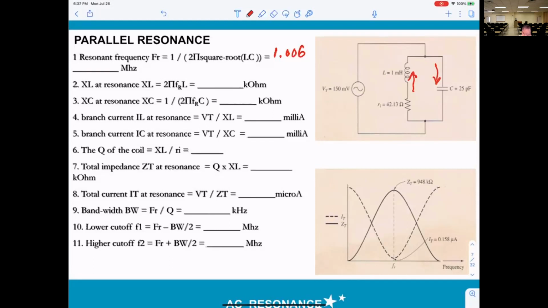So now we're going to calculate the ZL at the resonance. Make sure you try your calculation sooner or later. You must be doing it.